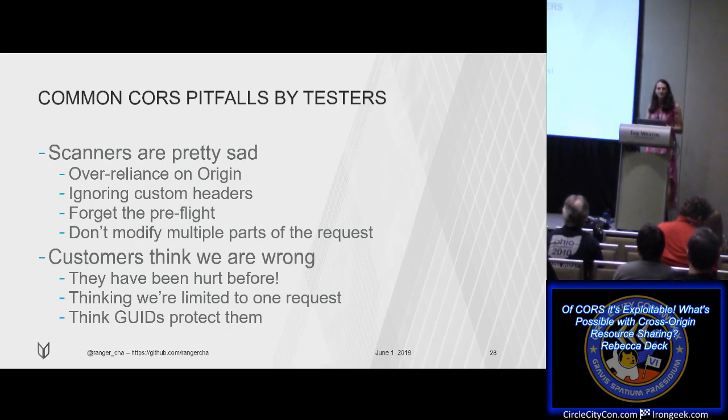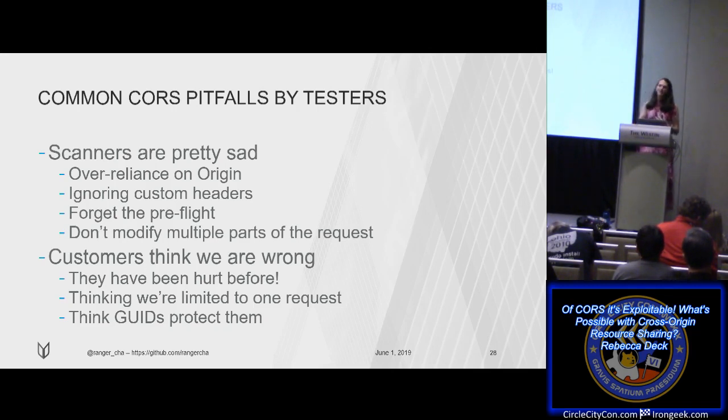So when you're a tester and you're trying to do this, I see a lot of issues with it, right? Most of what we do is going to be based on scanners, and the scanners are really pretty bad with this. They rely on the origin header quite heavily. So they're going to try to do those things that I did with the regular expression.